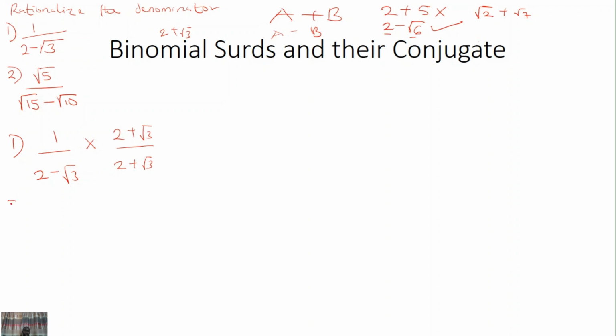Now this will be equal to (2 plus root 3) all over (2 minus root 3)(2 plus root 3).